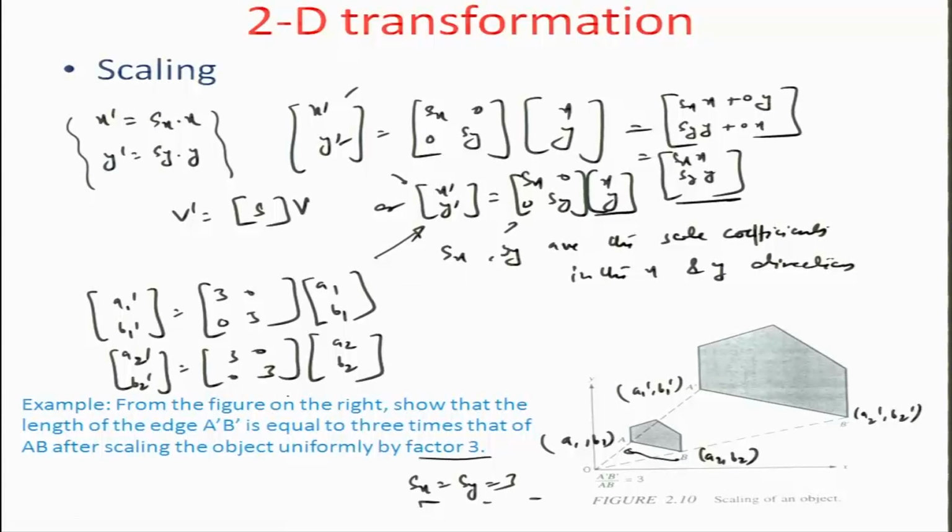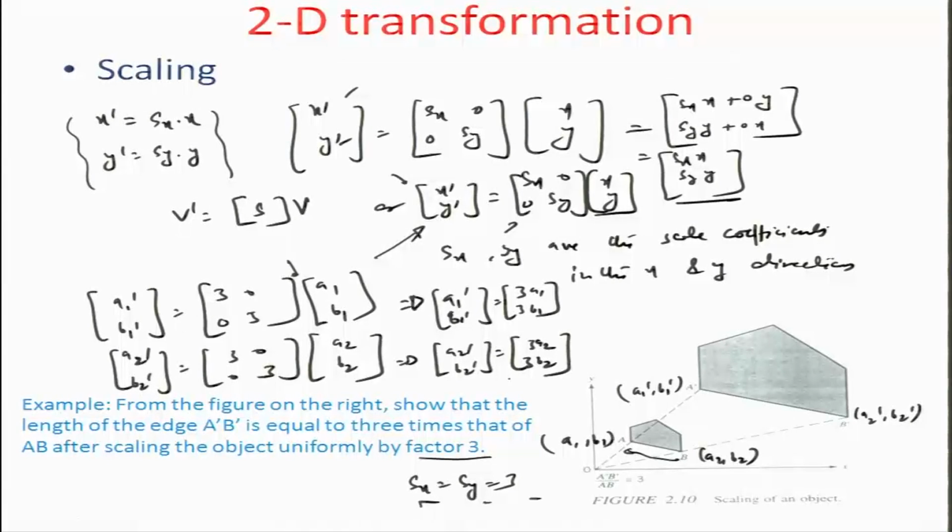Okay. In other words, we have A1 dash B1 dash equals thrice A1, thrice B1, applying the multiplication rule in this matrix, and similarly A2 dash B2 dash as thrice A2, thrice B2.